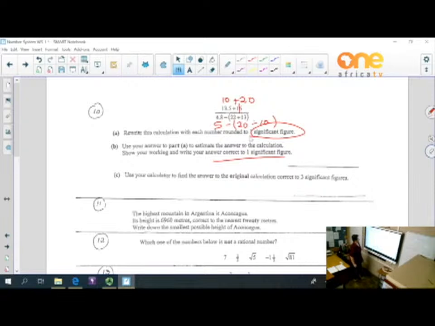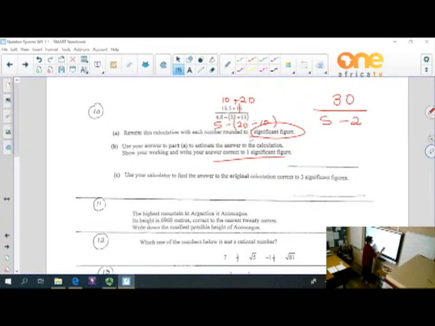So it's 10 plus 30, divide by 5 minus 2 that we're going to do there. I have it that it's 30 over 5 minus 2. You see 20 divided by 10 is 2.